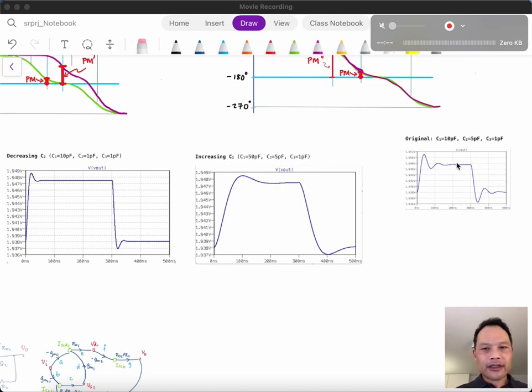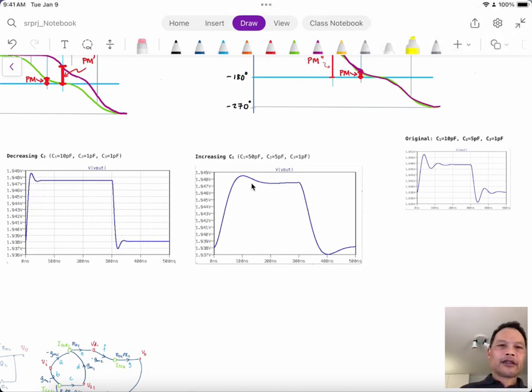It just takes a bit longer than this one. But still, it satisfies the requirement, and it's a trade-off between response time and stability. So one of the many typical trade-offs that we have as designers.